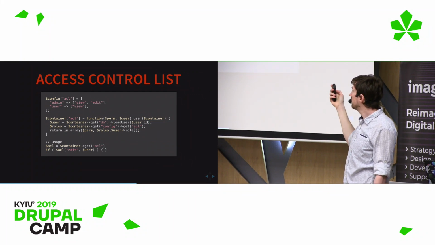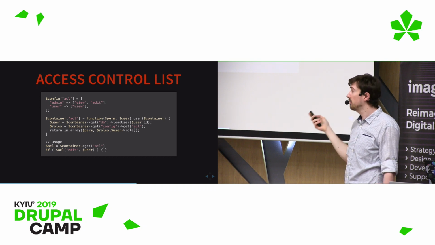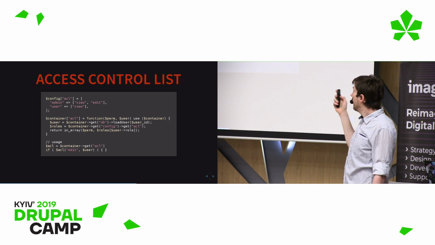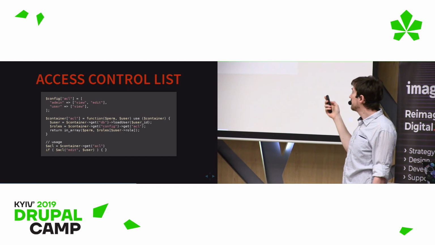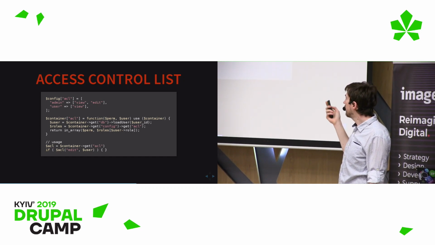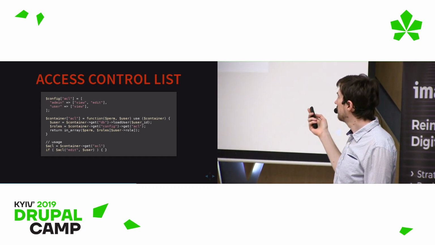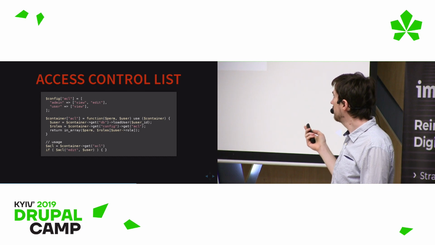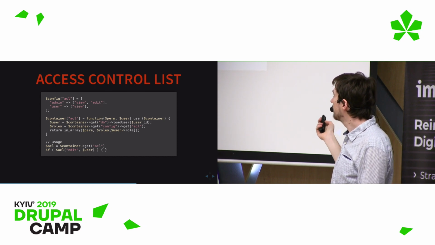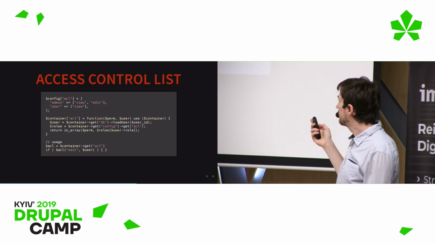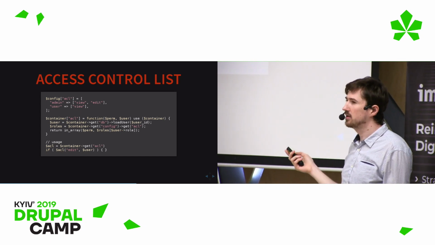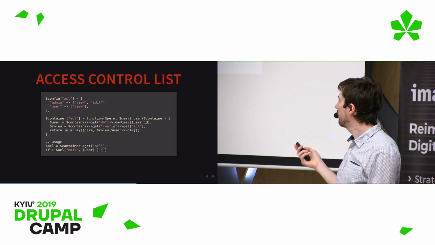The admin role can view and edit the content, the user role can view the content. And for the container, we define the ACL service. It's just a simple function which accepts the user and permission. We load the user from the database, and we load the ACL configuration and check if the current permission is allowed for the user.